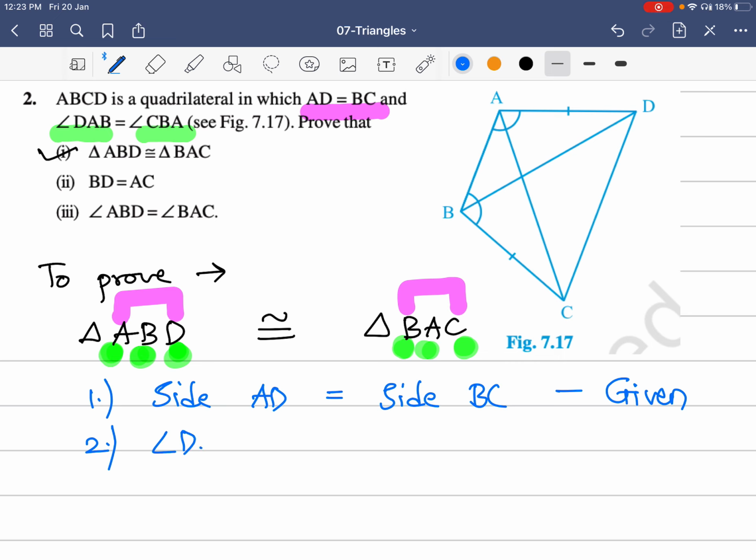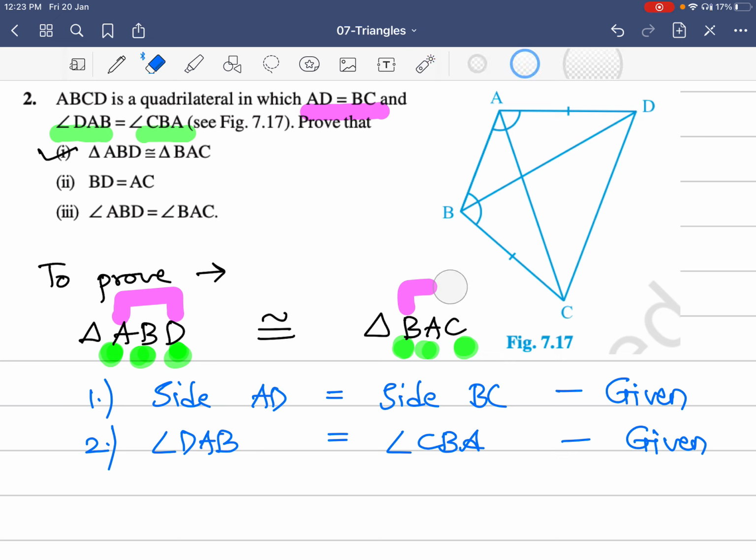So angle DAB is equal to angle CBA. Once again, this fact is given to us. So note how the proof is progressing. We have got one side equal, we have got one angle which is equal. Now the third thing we'll need is another side, and then we can use side angle side as our congruency rule. So first of all, let's erase this highlighted thing.